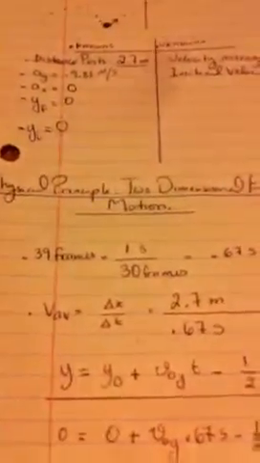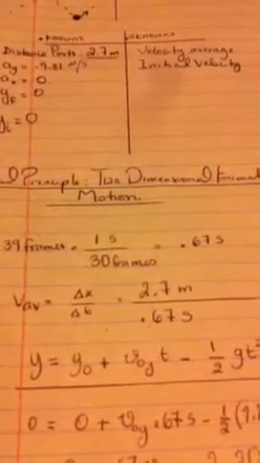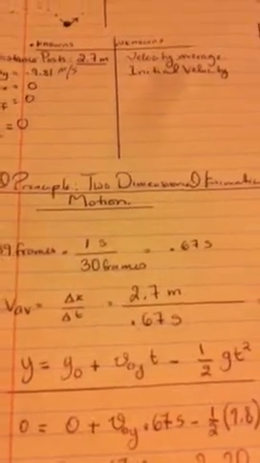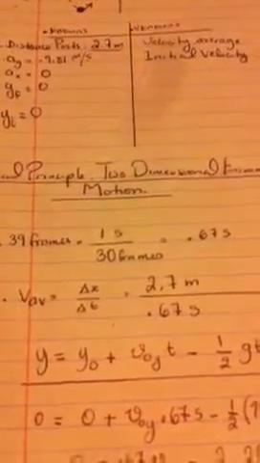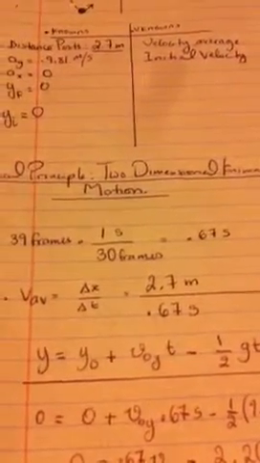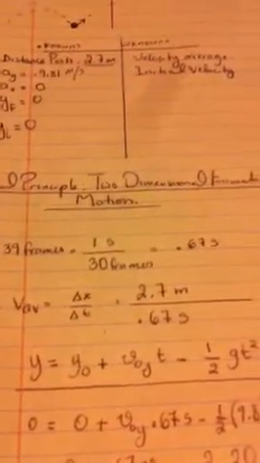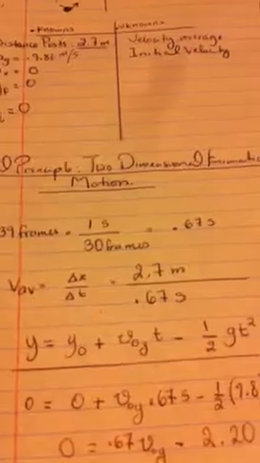We do the math, and 39 frames is 0.67 seconds. So we have the time, and we can also solve for the average velocity, since we know the displacement and the change in time: 2.7 meters divided by 0.67 seconds gives us an average velocity of 4.03 meters per second.